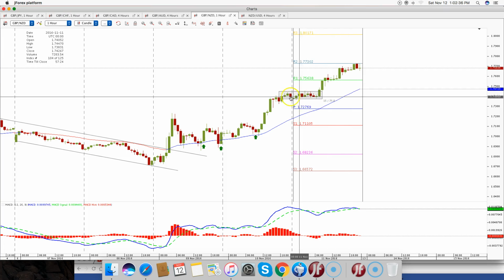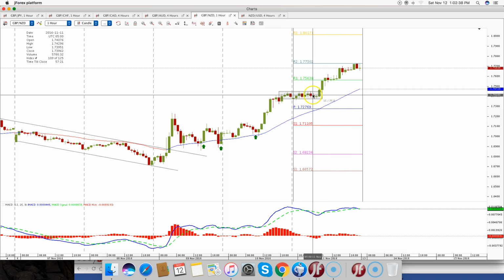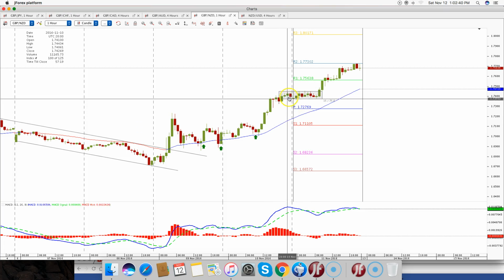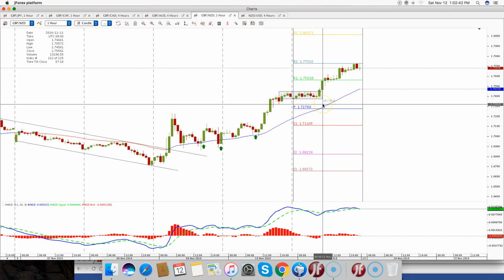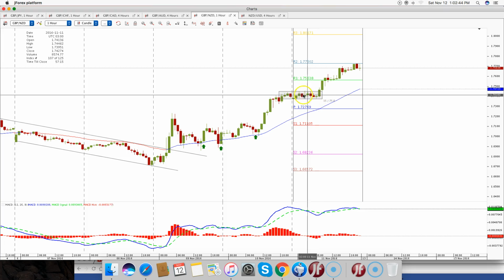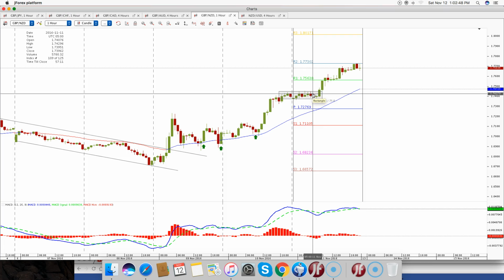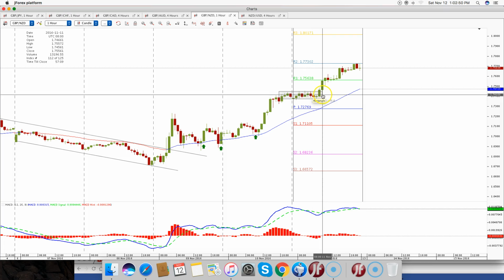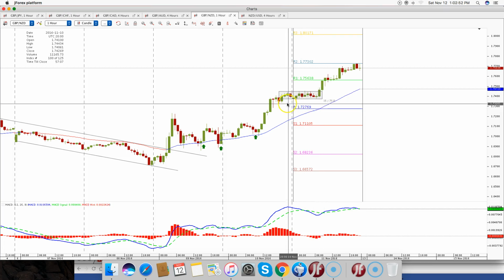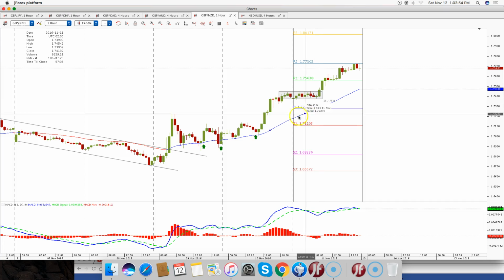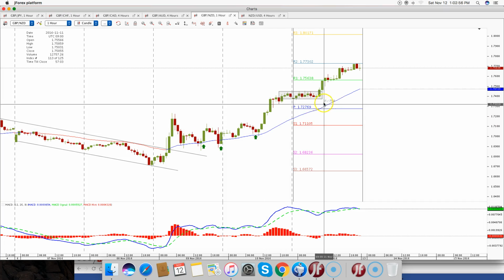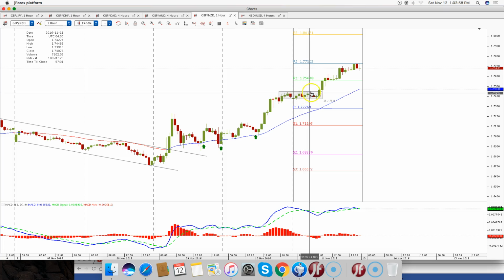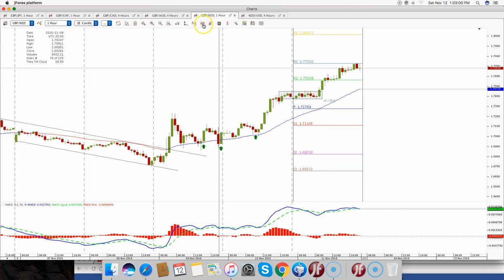And that's exactly what I did, because coming into the New York session, I know the market's in an uptrend, it has not retraced as much as I would like, but I just highlighted this consolidation area, and I can break this rule of waiting for the market to come back down to a moving average line to enter a trade, as long as it breaks this consolidation, then that would be a valid entry.